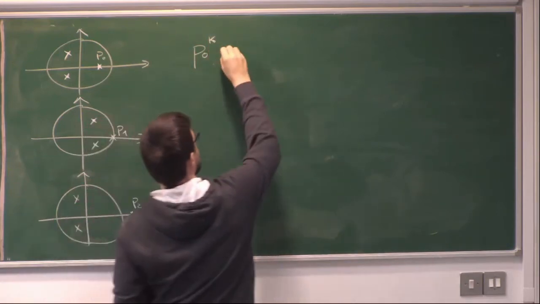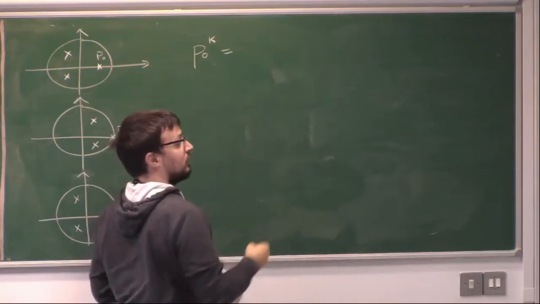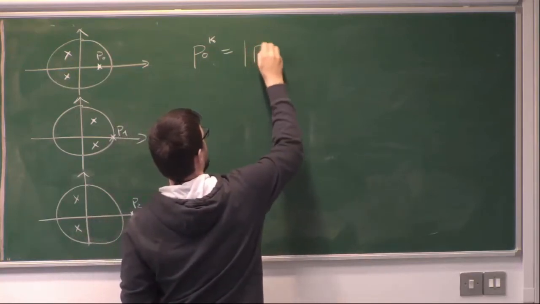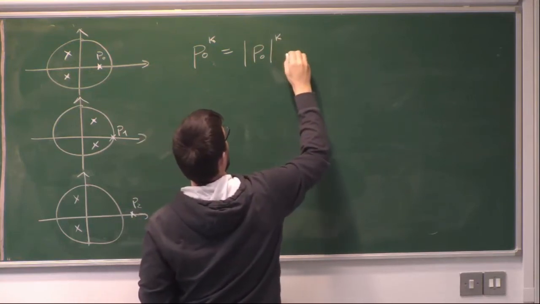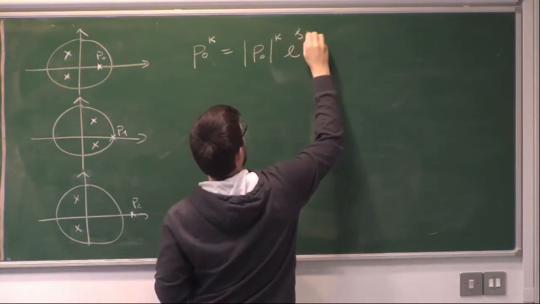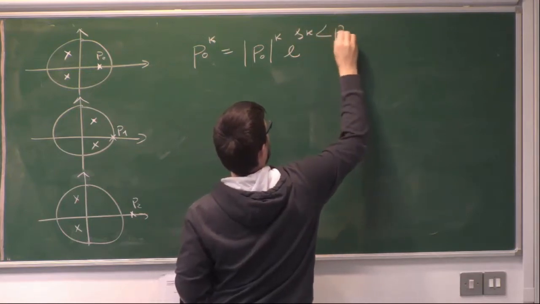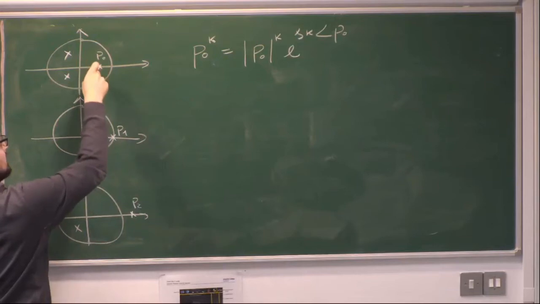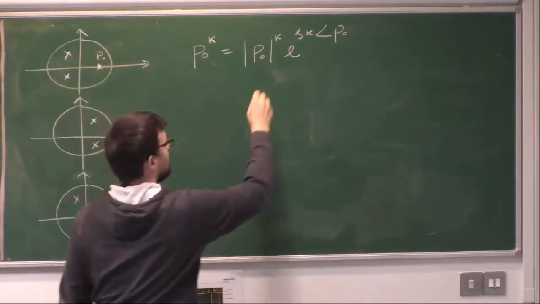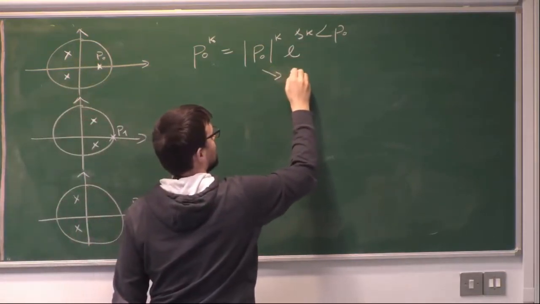Now, this can actually be written in polar form, so we have that this is equal to the absolute value of p0 to the power k, times e to the power j k times the phase of p0. Now we see that since the absolute value of p0 is less than 1, this sequence converges to 0.